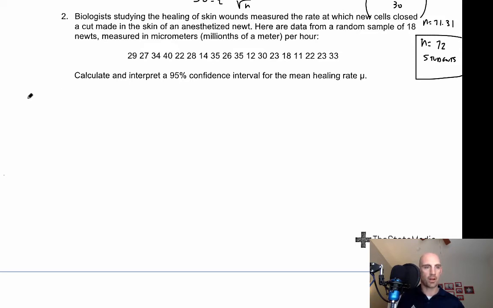So we're going to go through our four-step process. State. What is it that we're doing?